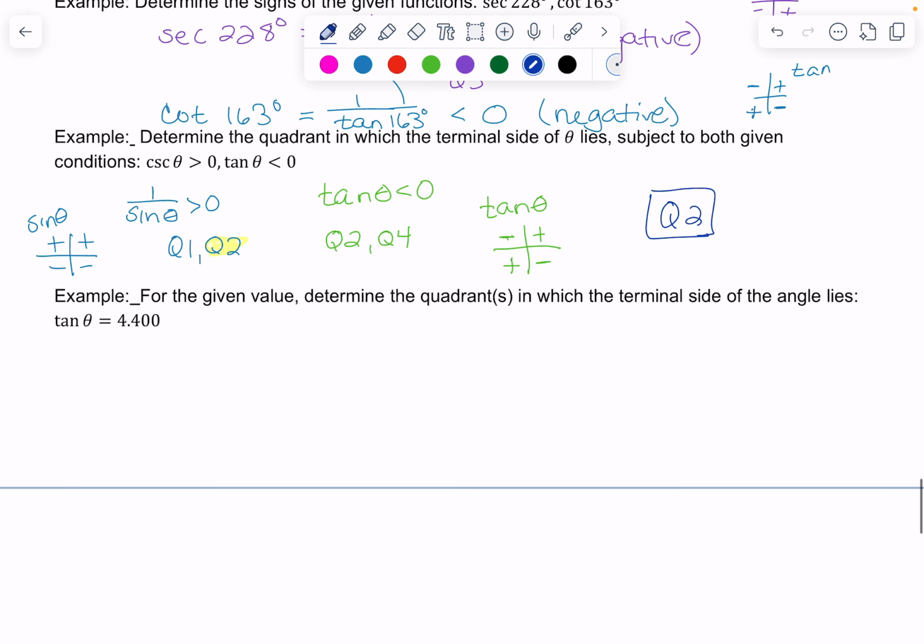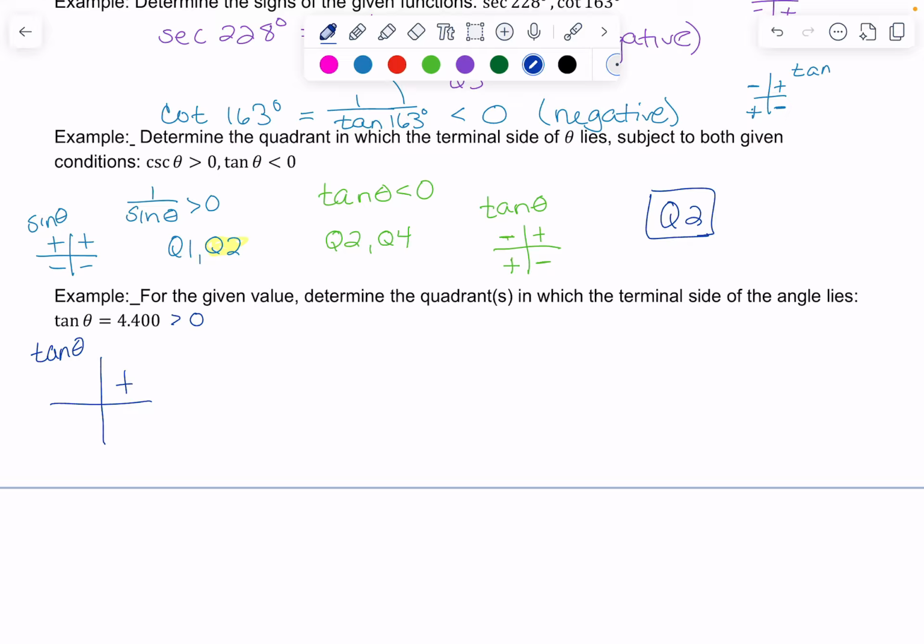Last example for this. For the given value, determine the quadrants in which the terminal side of the angle lies. So here I have tangent theta is equal to 4.400. That's greater than 0, right? And that's really what I'm looking at here. So let's look at that tangent graph again. It's right up above.